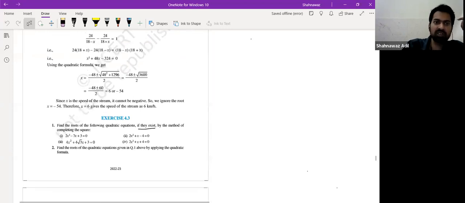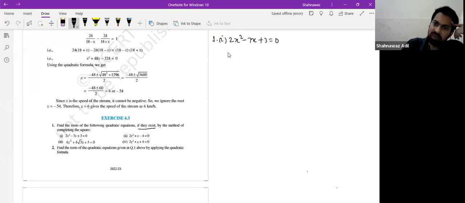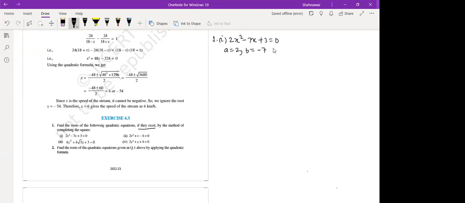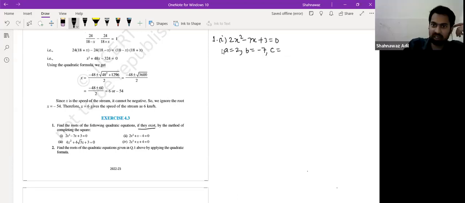So now we don't need to do the division by 2 or anything else. So the first question is this. And what are A, B, C? 2, minus 7, and 3. Right. Now, first we have to calculate the discriminant.